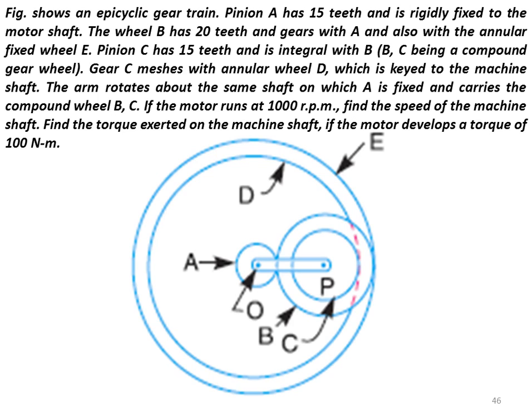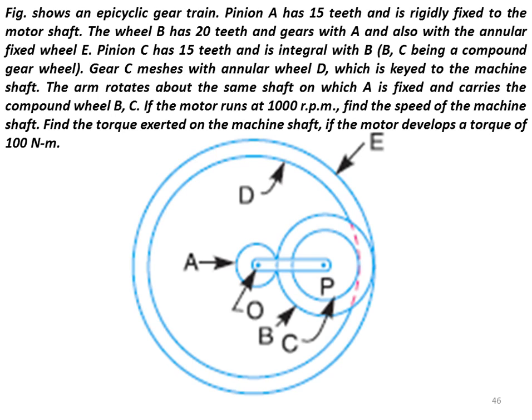You can see in this figure an epicyclic gear train is shown to you. The pinion A has 15 teeth, you can see at the center, and is rigidly fixed to the motor shaft. So A is fixed to the motor shaft, and the wheel B, which is connected to A there, you can see in the figure, has 20 teeth.